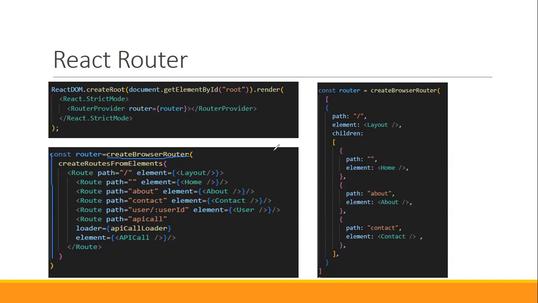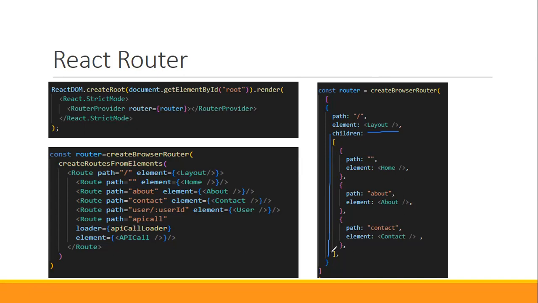You can write this function in two ways, this is the one and this is the second. So how can we do it? Either you can create an array and mention that for the slash path the layout element should be loaded, and inside the layout there are children. As we know, there is an outlet, and the layout only contains header, outlet and footer, right?